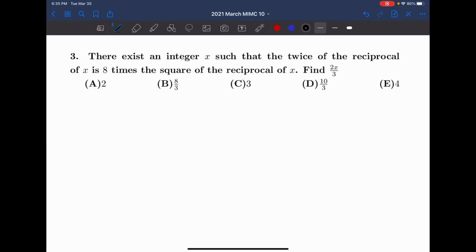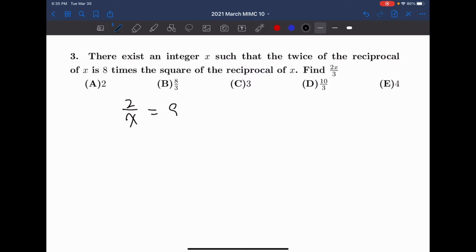There exists an integer x such that twice the reciprocal of x is 8 times the square of the reciprocal of x.